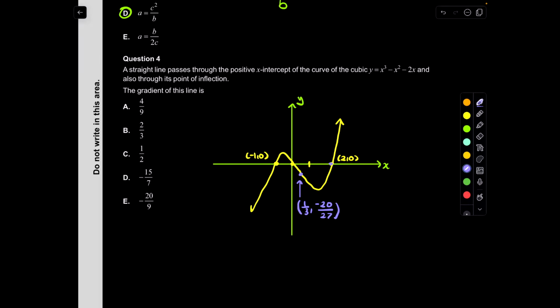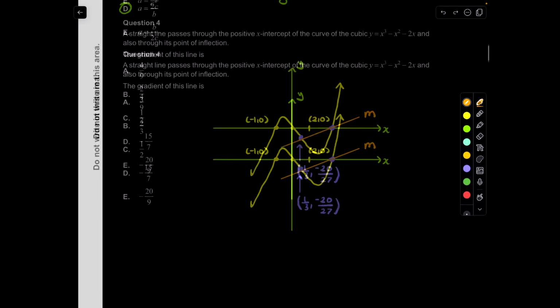What I want to do is find the gradient of a line that passes through these two: the point of inflection and the positive x-intercept. If I draw a nice line here that passes through these, I need to find the gradient of this line. That's what we want to find. How do we do that? Well, we have 2 points, so we can use our y2 minus y1 formula.